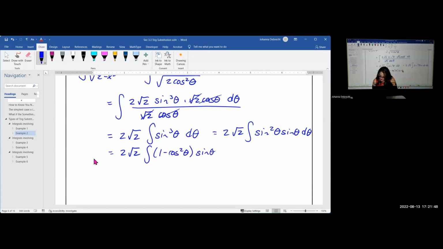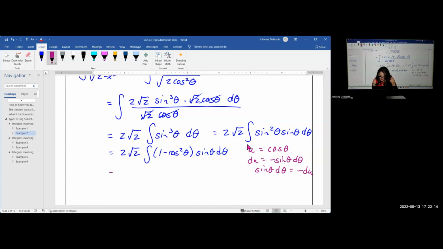1 minus cosine squared. So this gives us 2 radical 2, the integral of 1 minus cosine squared of theta, sine theta d theta. Now we do a u substitution, different u, not the same u as before, where u is cosine of theta, and du is equal to negative sine of theta d theta. So I need a negative to go in there. So sine theta d theta, which is what I have inside my integral, becomes negative du.